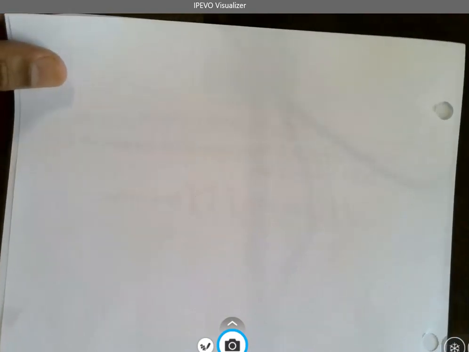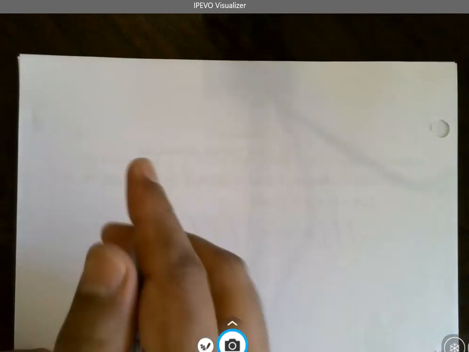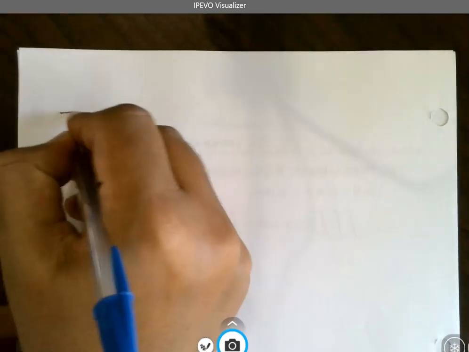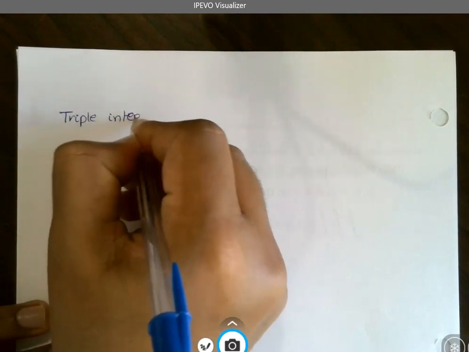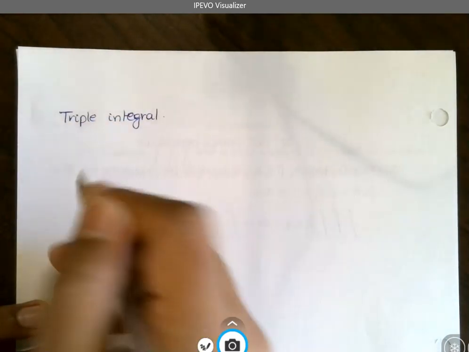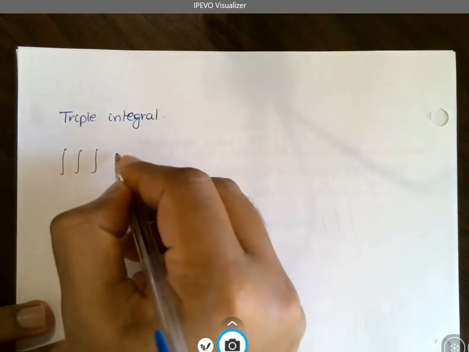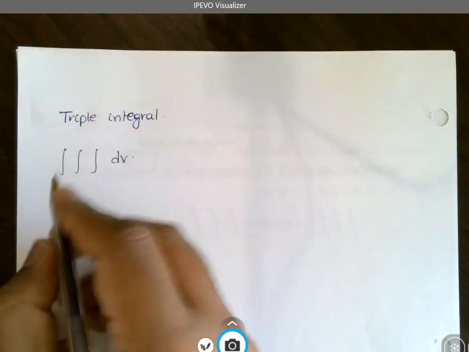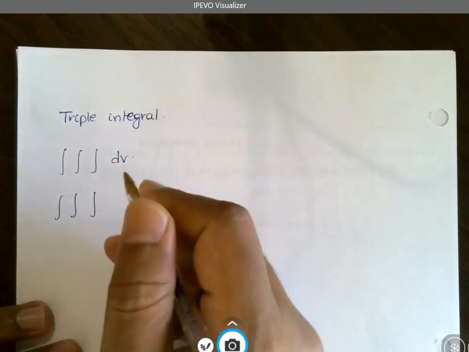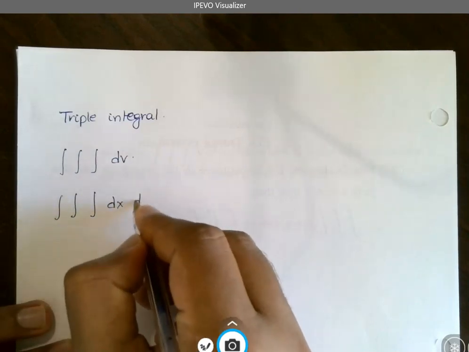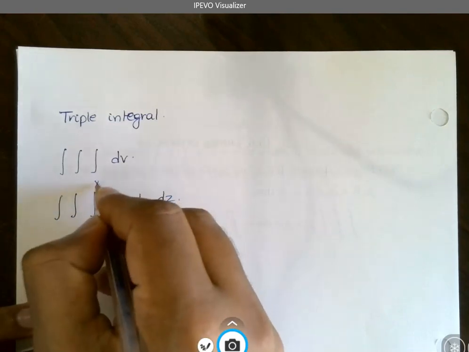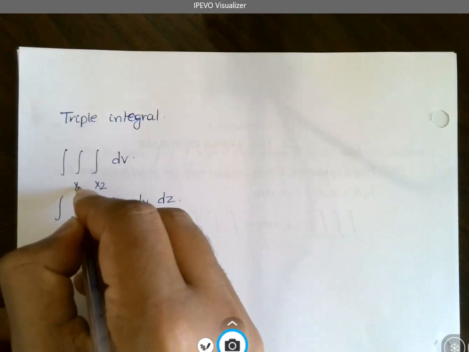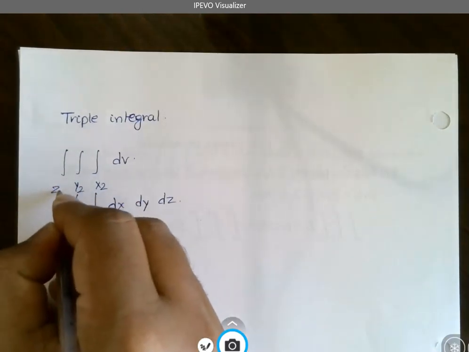A triple integral would be something like three integrals dV. In other words, you can write this as the integral dx dy dz, where this is from x1 to x2, this is y1 to y2, this is z1 to z2.